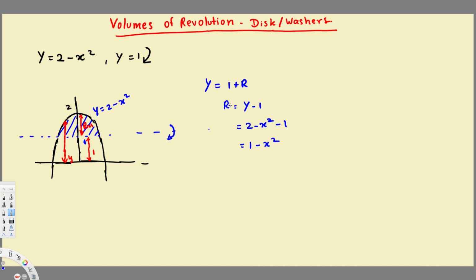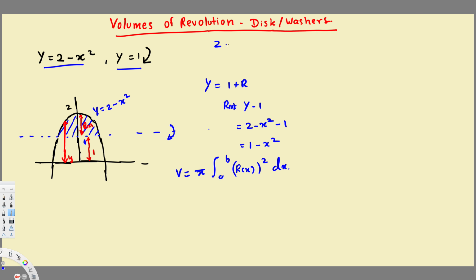Now we have the radius. We can now go ahead and plug this into the volume equation. The volume equation is pi times the integral from a to b of r squared, r of x squared dx. The next thing we have to do is find the limits of integration. To find this, we take these two equations and equate them.